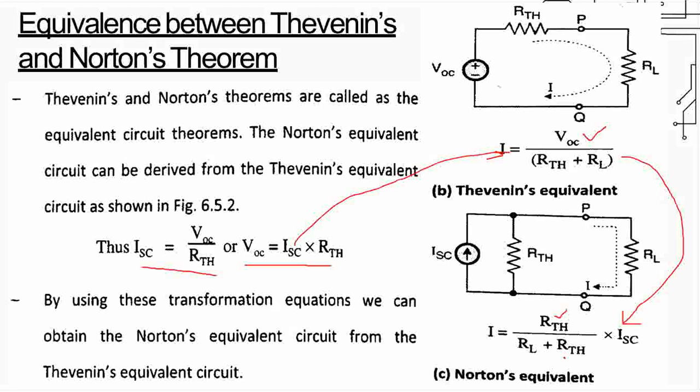That means you can find out the current flowing through any circuit either using Norton's or Thevenin's theorem. If you have analyzed the circuit using Thevenin's theorem, then at this stage, that is I is equal to VOC divided by RTH plus RL, you can replace this formula by Norton's equivalent circuit, and then you will get the current through Norton's theorem.